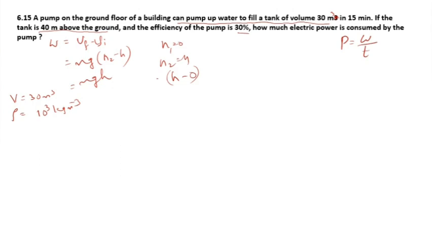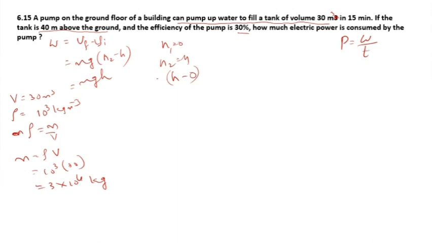The formula is density is equal to mass divided by volume, so mass is equal to density times volume. 10 to the power 3 into volume 30, and you can write it as 3 into 10 to the power 4, and the unit is kg.